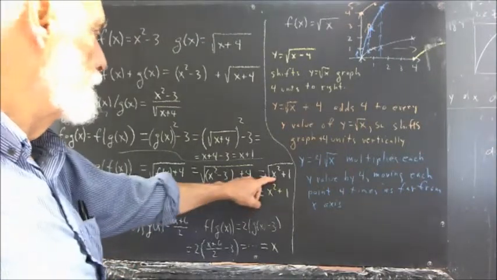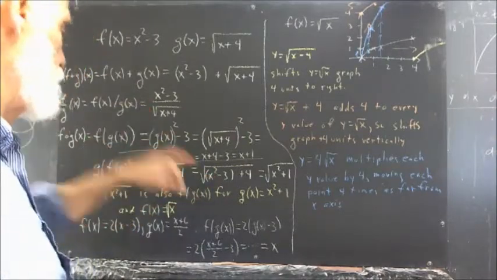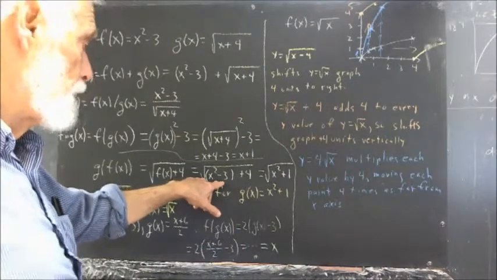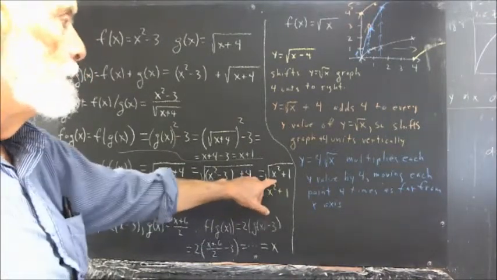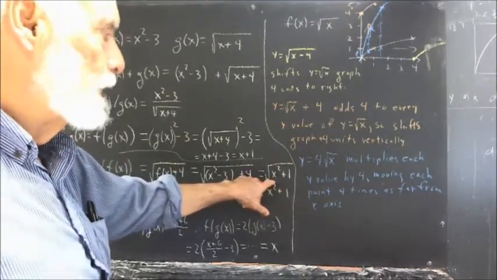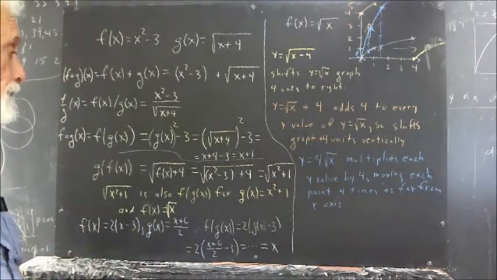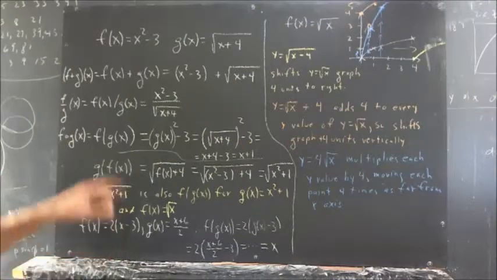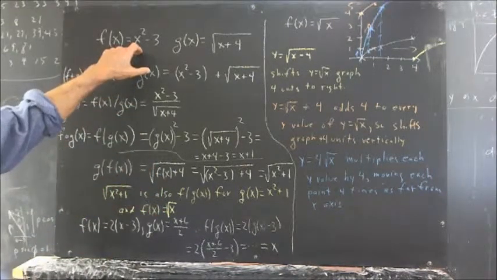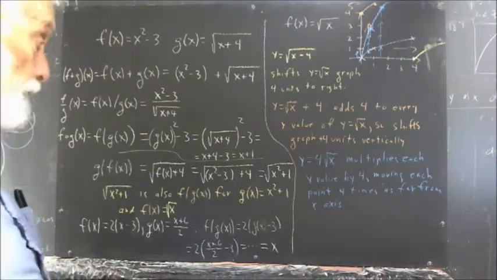Now, so I don't confuse you and maybe even get confused myself, I'll simply say that there might be numbers here that won't work because they don't work in the function f of x. But of course, f of x is defined for every number, so the only restriction is going to be that x squared plus 1 has to be greater than or equal to 0, and it is because x squared is always non-negative. So for any number you want to put in here, f of x is going to work, and it's going to give you a number that works in the g of x function.